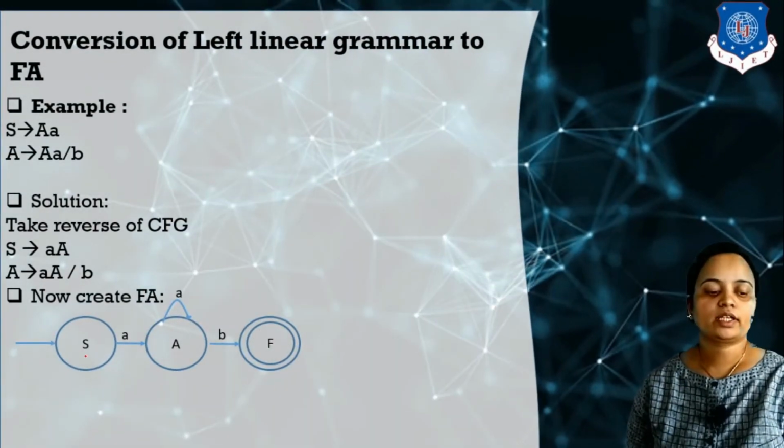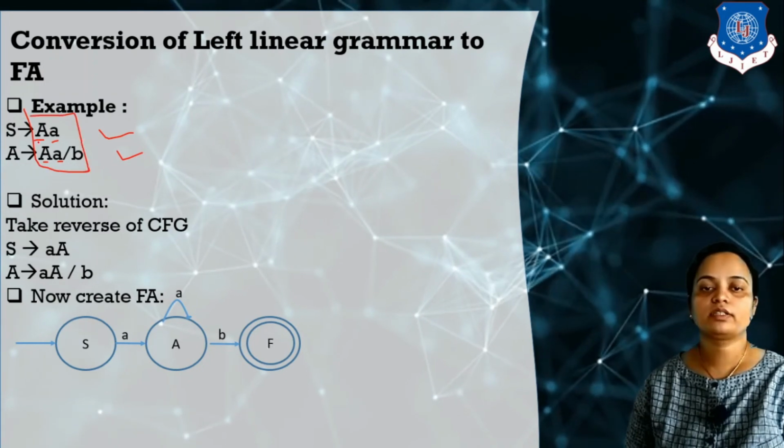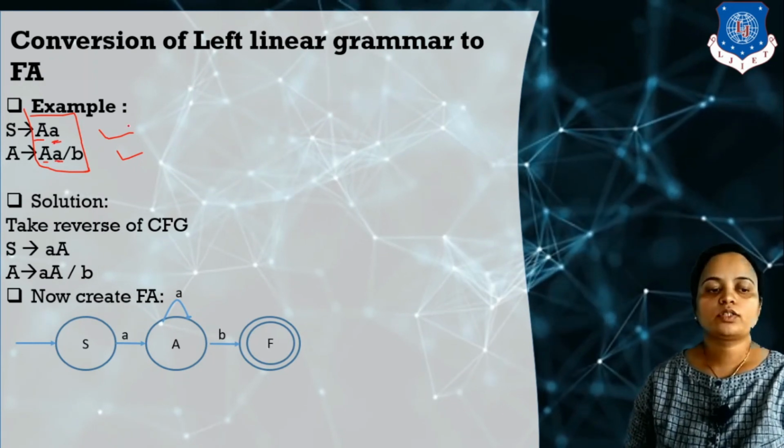So here I have taken an example of a left linear grammar. You can see that the non-terminal appears on the left hand side of the terminal in the right hand side of these productions, like this. Okay, so first we reverse this grammar.